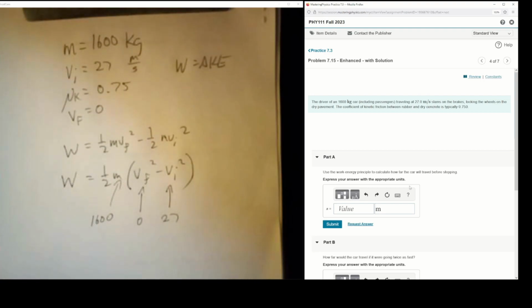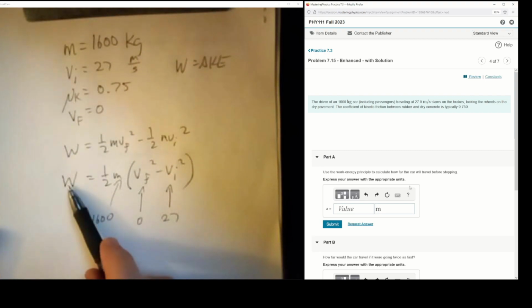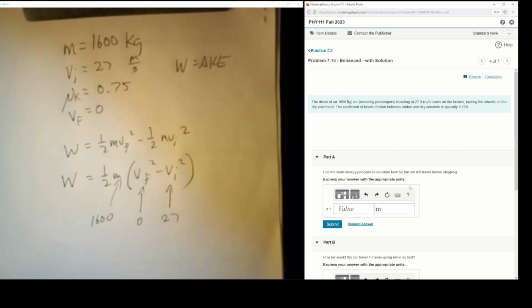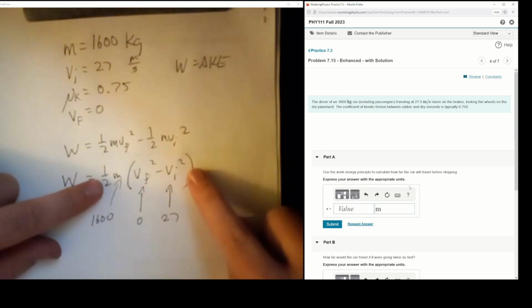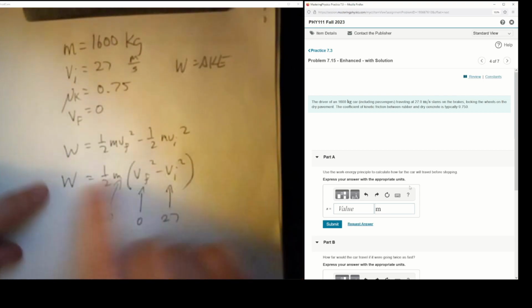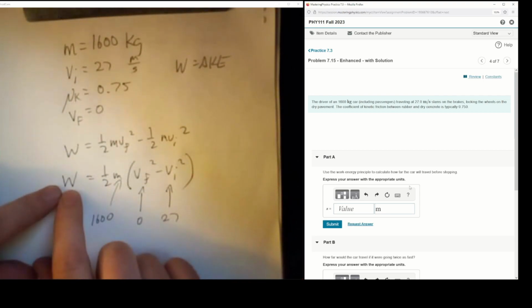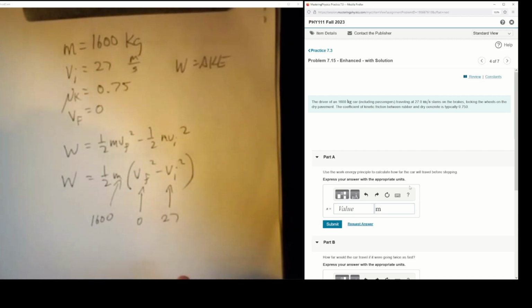Now, they're not asking for the work, though. They're asking for how far the car travels. So the work being done is from friction. This is how the work changes, but the work is actually caused by friction.